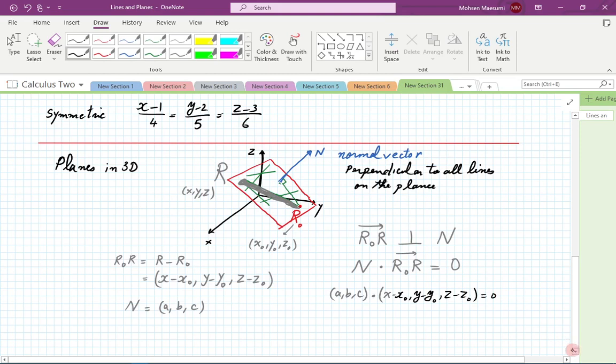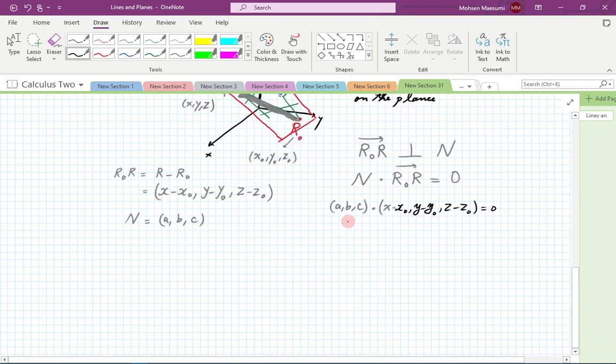That all has to be 0. Well, how did we dot two vectors? First with first, second with second, third with third, and add them up. So a times x minus x0, b times y minus y0, and c times z minus z0. That has to be equal to 0.